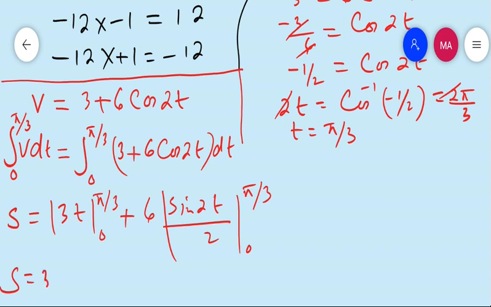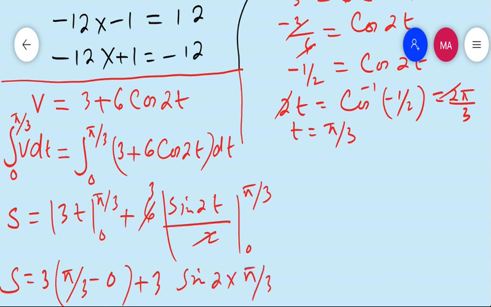So S = 3 times (pi by 3 minus 0), plus 6 upon 2 times (sin 2t at t = pi by 3 minus sin 2t at t = 0), upper limit minus lower limit.